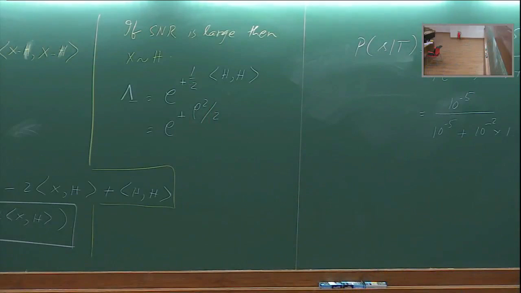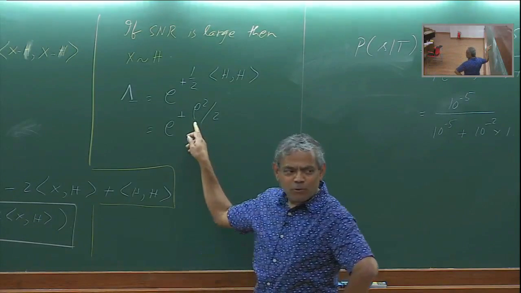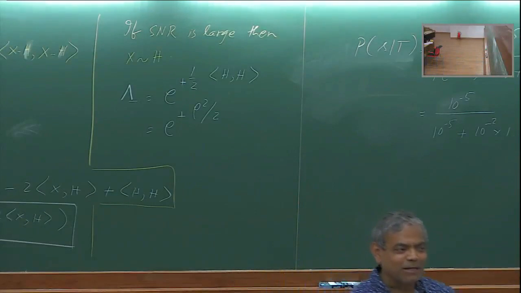So the likelihood grows exponentially when you start having signals of greater and greater strength. And not just like rho, but like e to the rho squared. So there is a tremendous difference between a signal of strength 10 and 12.